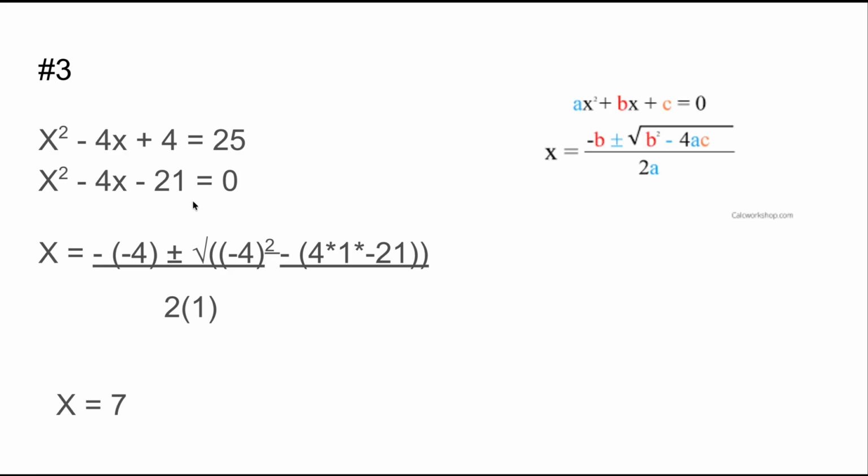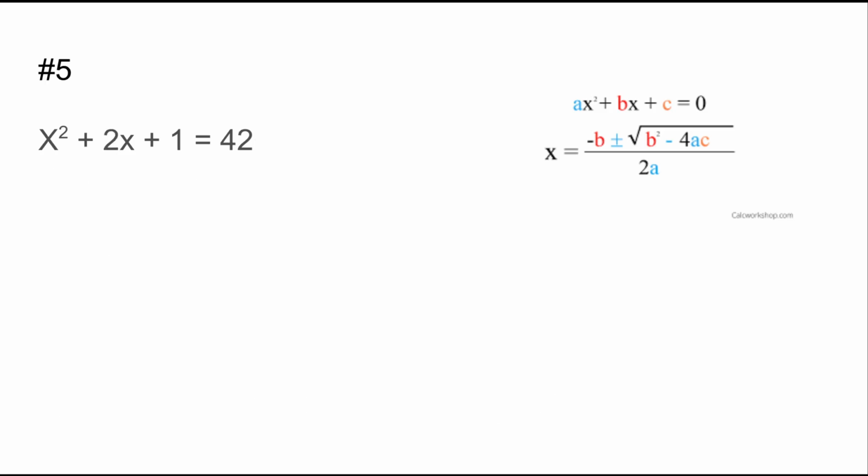So in your calculator, you're going to write negative parentheses, negative 4, close parentheses, minus the square root of open parentheses, negative 4, close parentheses squared, minus the open parentheses 4 times 1 times negative 21, close parentheses, enter, divided by 2, and you will get negative 3 this time. And so our set of solutions are 7 and negative 3.